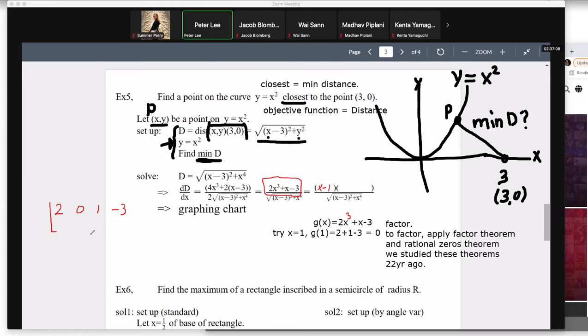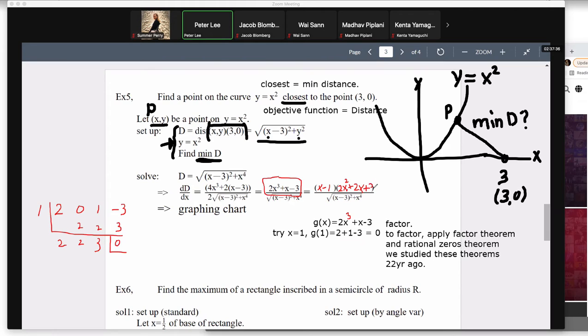These guys pop up. 1, 2, 2, 2, 2, 3, 3, and then 0. So this guy is now 2x squared plus 2x plus 3.